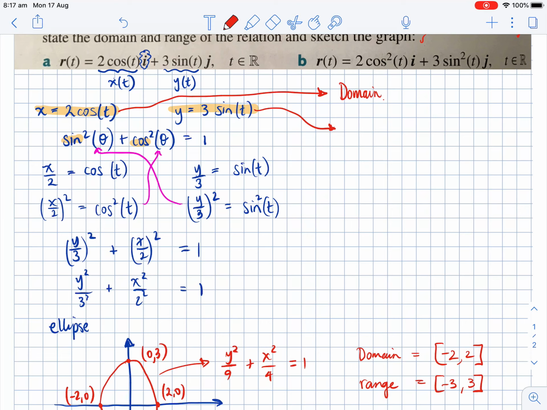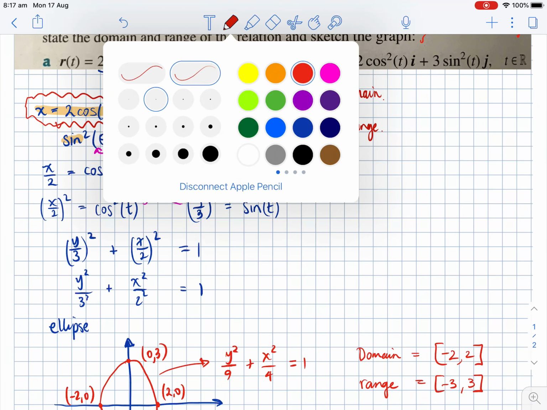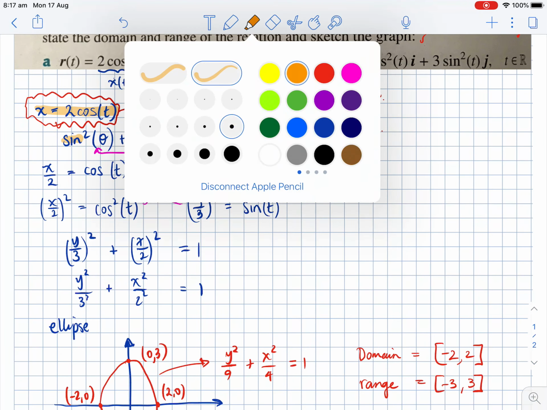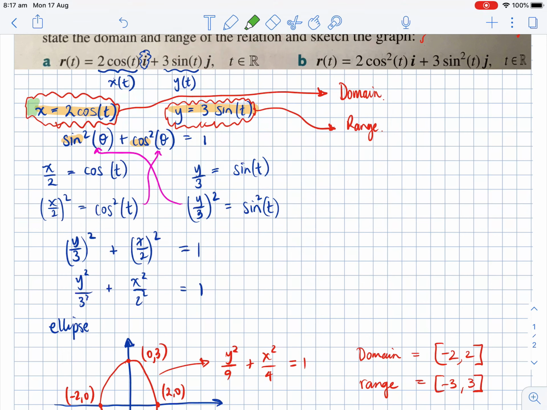So whatever the possible outcomes are for my x function, that will give me the domain, and whatever the possible outcomes are for the y function, that'll give me the range. If I think about my x function here, that's the graph of 2 cos t.